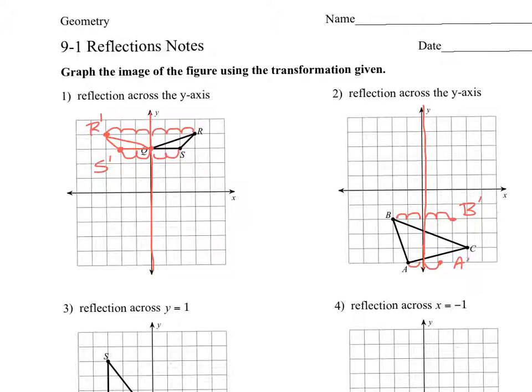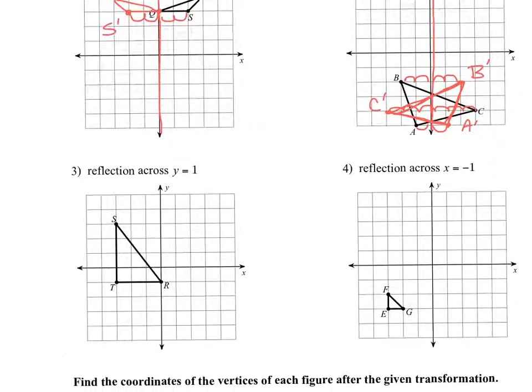There's A apostrophe, then C. 1, 2, 3. 1, 2, 3. So there's my C apostrophe. Then connect your points. And then there is what my reflected image would look like. So hopefully this is not too bad.